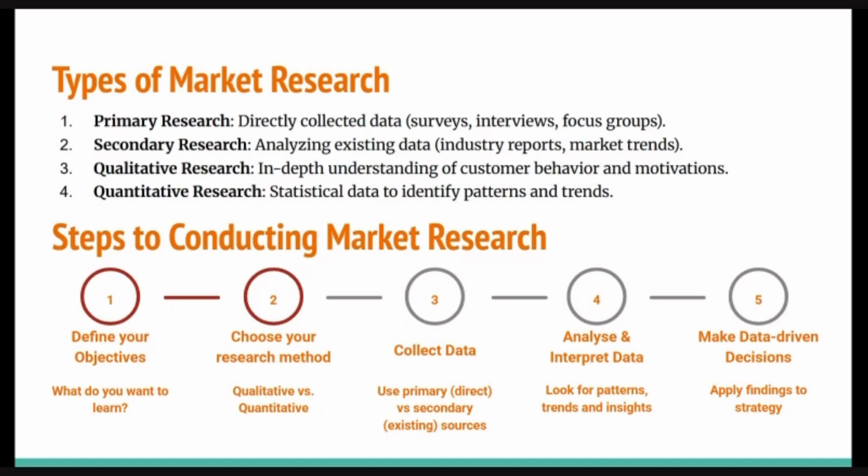So now you have defined what you want to gain from this market research, right? You want to find out if people in your area are more prone to buying, what did we say? Okay, so having different packages for this business. Now you're choosing your research method.